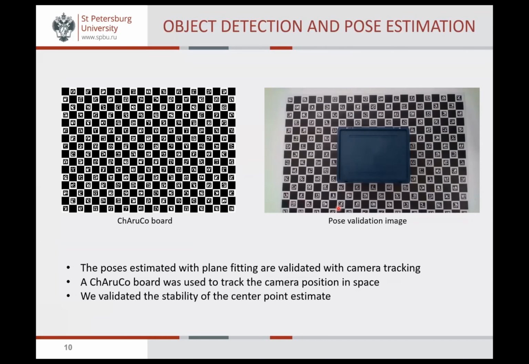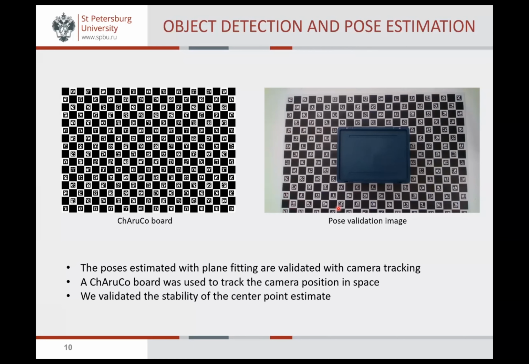To estimate the plane fitting algorithm accuracy and precision, we compare it to another state-of-the-art algorithm for pose estimation that involves checkerboard pattern tracking. To do so, we print this checkerboard pattern on a planar surface and then put a KLT bin on top of it. So we can estimate the KLT bin pose with plane fitting and also the camera pose with the checkerboard pattern.